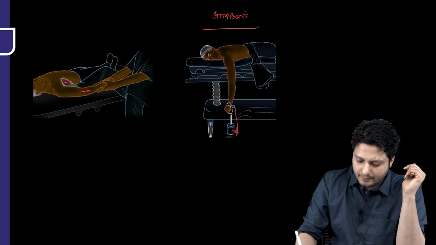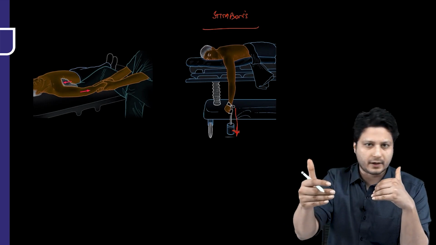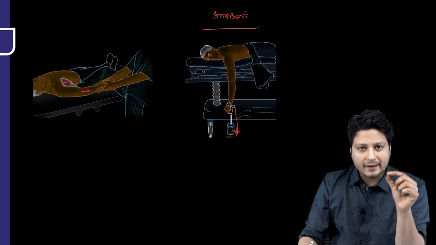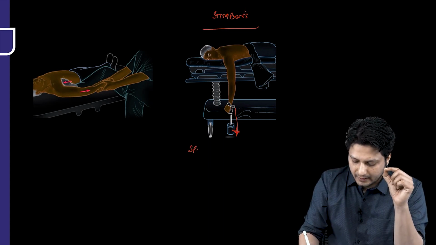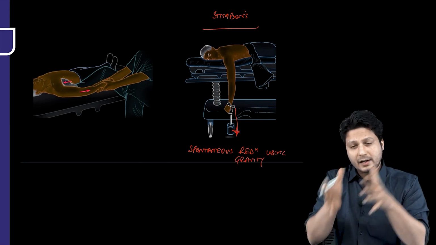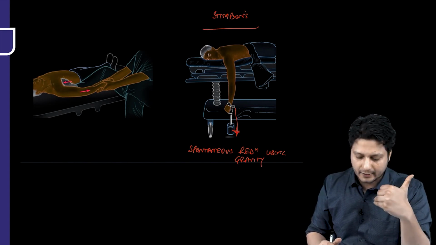Some weight is tied onto the affected limb, and then you wait for spontaneous reduction to happen. So Stimson's method uses gravity, a gravitational assist, for the shoulder to get reduced back into position.